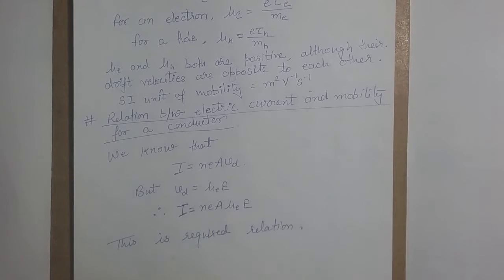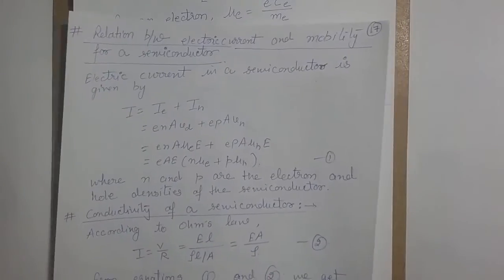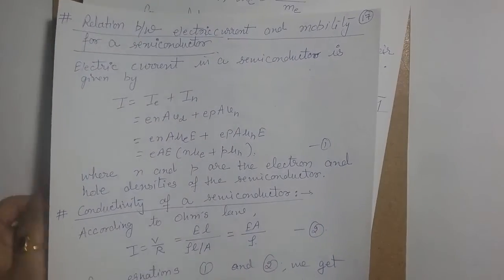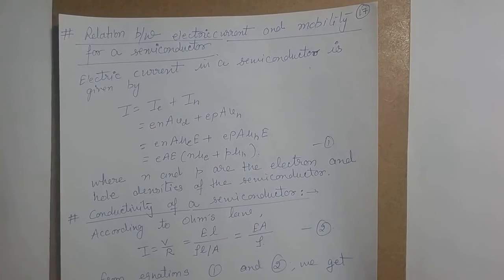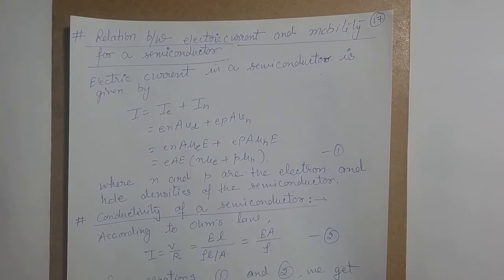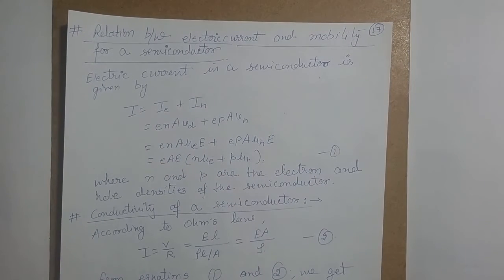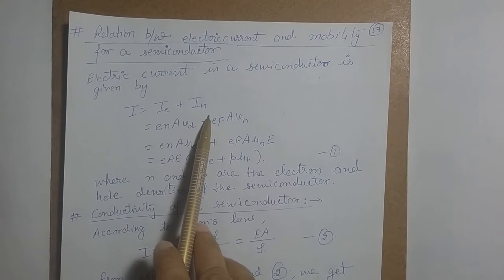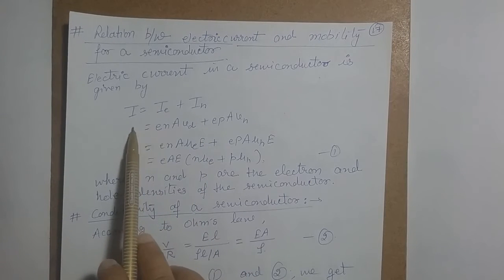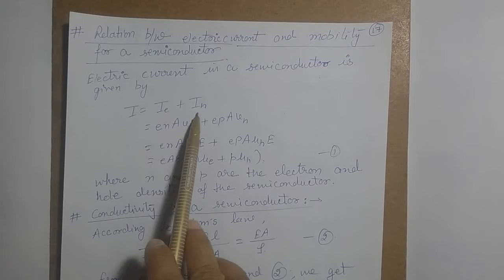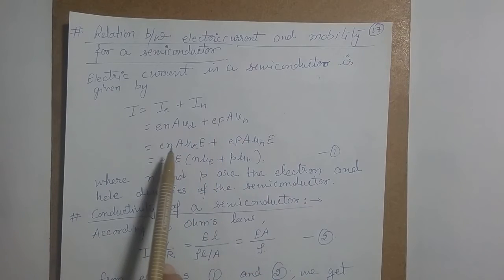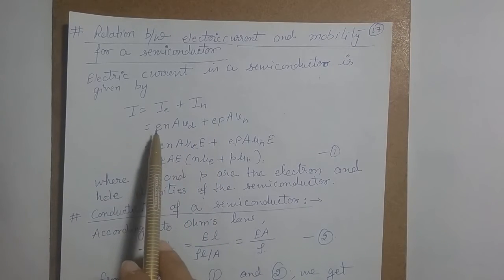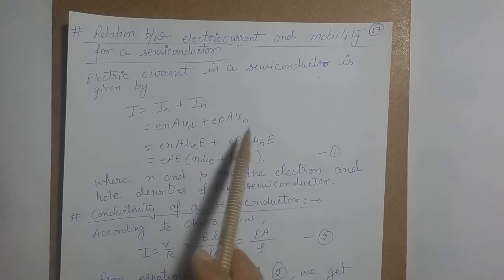So there is a relation between the electric current and the mobility of a semiconductor. The electric current in a semiconductor is the sum of the electric current due to the holes and due to the electrons. So I is Ie plus Ih. Let us substitute the values of current in terms of the drift velocities.